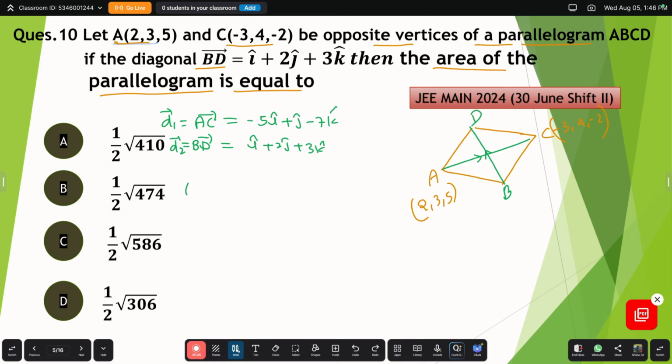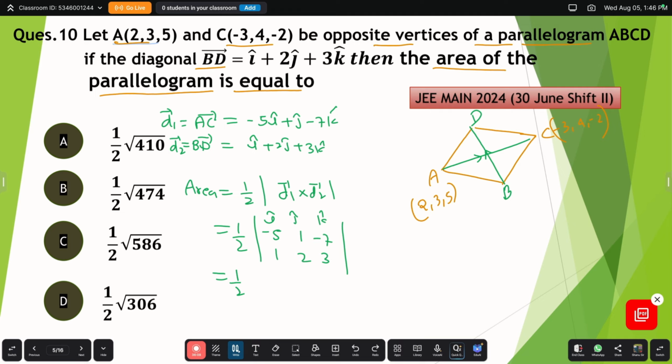And they ask you the area. What is the area? 1 upon 2, generally, D1 cross D2. How to find the cross product with the help of a determinant? i, j, k; D1 components minus 5, 1, minus 7; 1, 2, 3. Solve 1 by 2, and after that you also have to take the modulus.